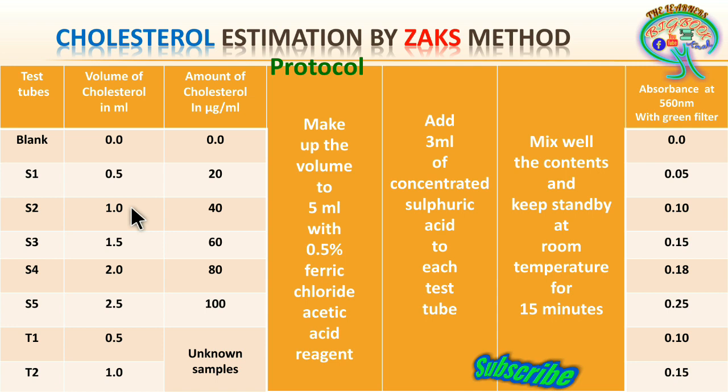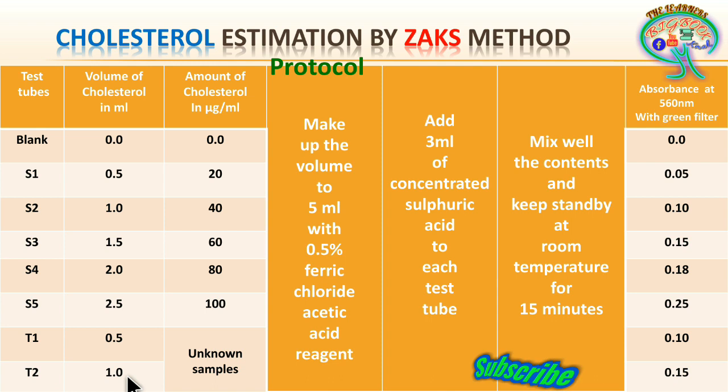Here we are going to add 4, here 3.5, here 3, here 2.5 ml of the ferric chloride. Here we are going to add 4.5 ml of ferric chloride for both the T1 test tube and the D1 test tube, and here also we are going to add 4 ml of ferric chloride for both the T2 and D2 test tubes.